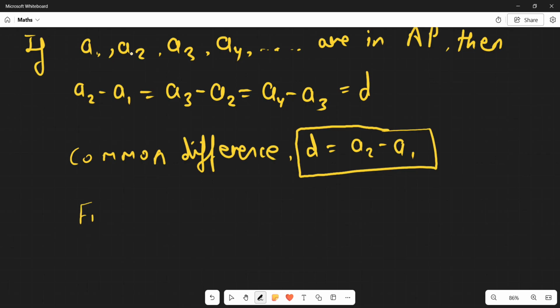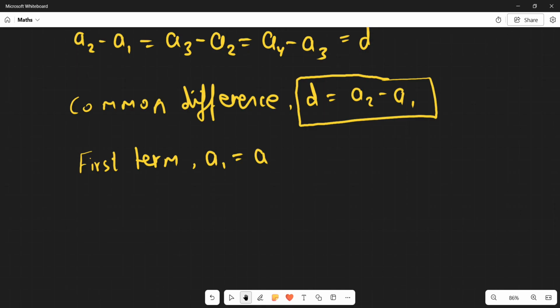A1 denotes the first term of the AP, which is simply A. Now I am making a sequence with terms like A1, A2, A3, A4 and so on. What will be the value of these terms?